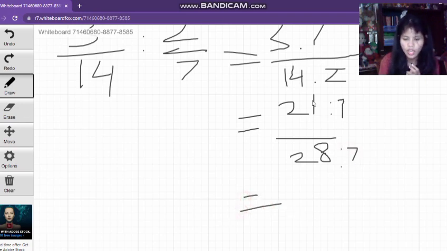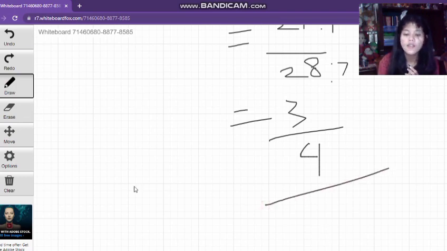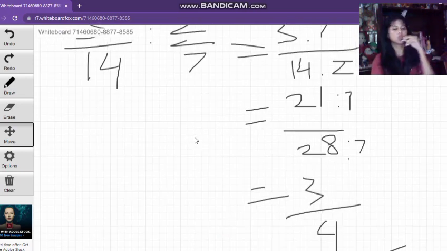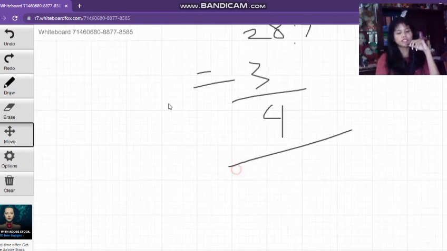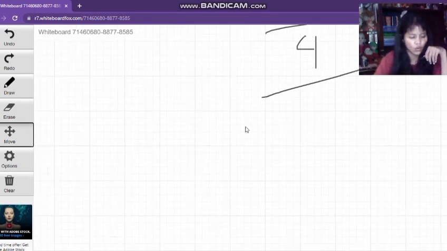So 21 divided by 7 equals 3, and 28 divided by 7 is 4. So the quotient is 3 over 4.